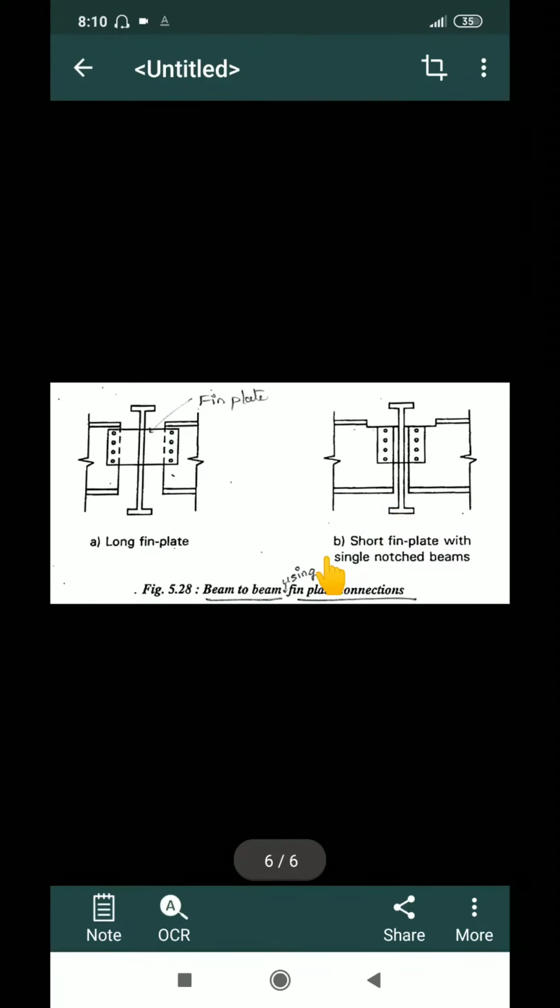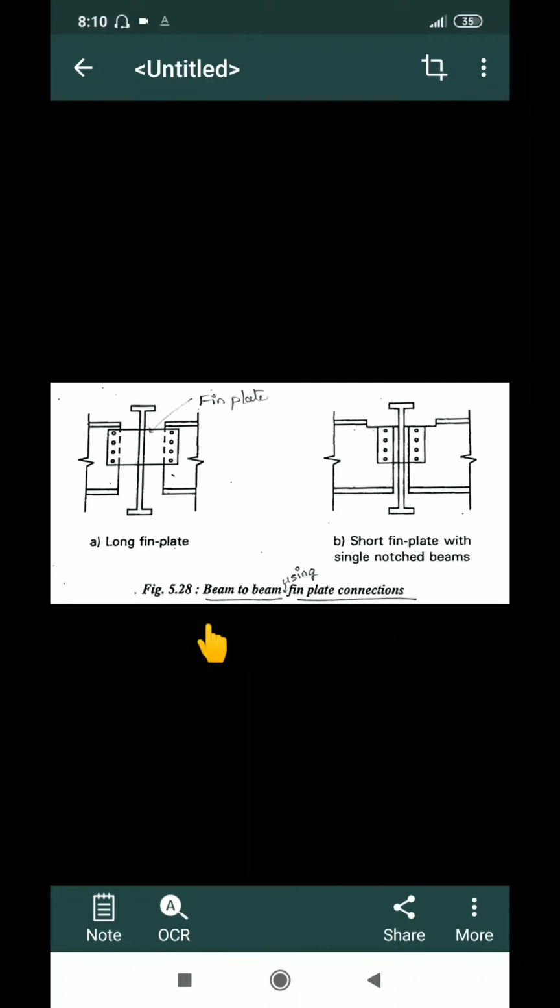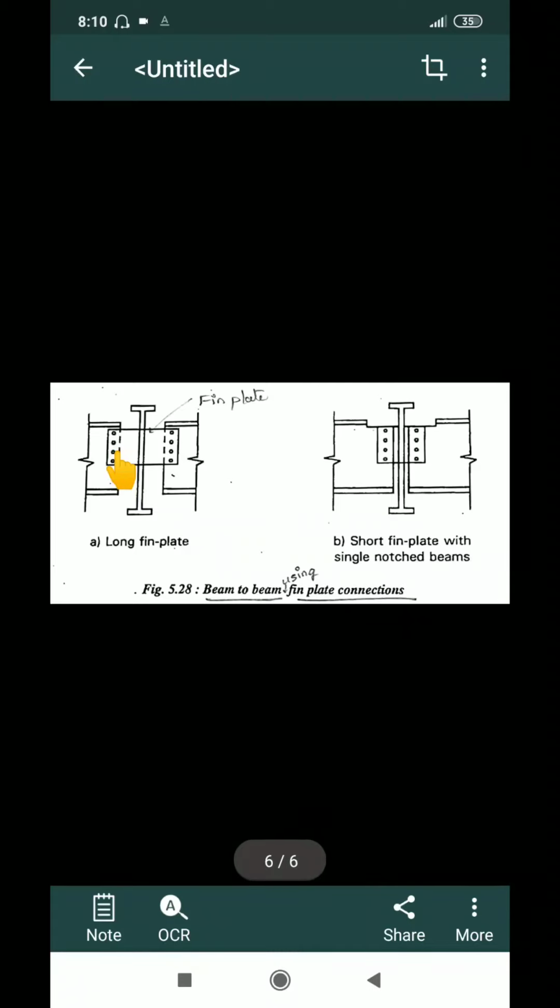Last type of connection is by using a fin plate. Fin plate in the sense it is not a previously prefabricated plate; at the end of the beam, or anywhere, we can join the fin plate wherever we want to connect a beam. So here the fin plate can be either a long fin plate or a short fin plate.